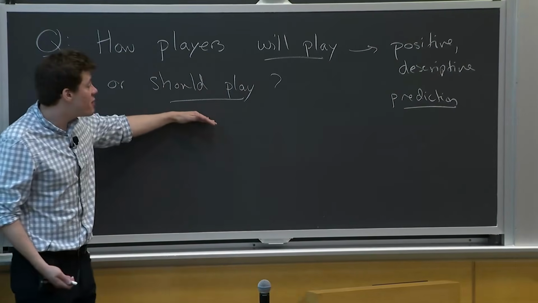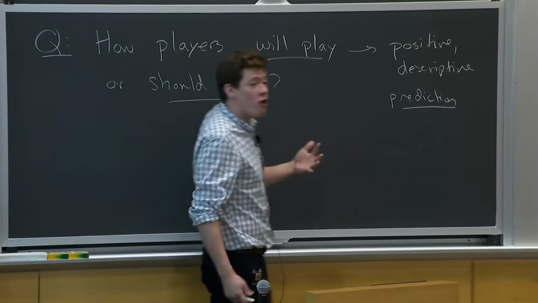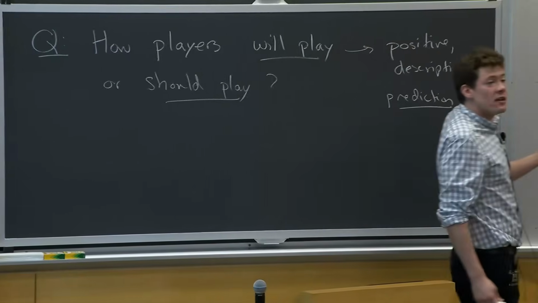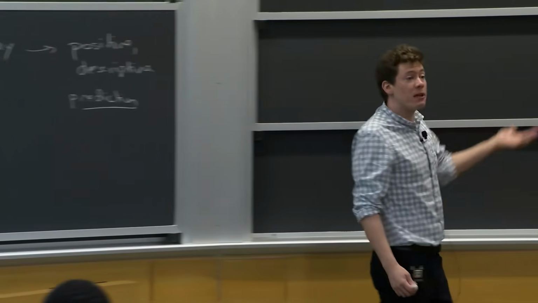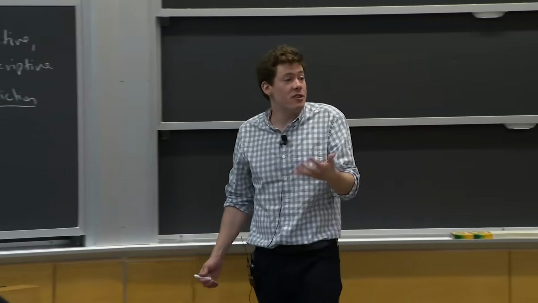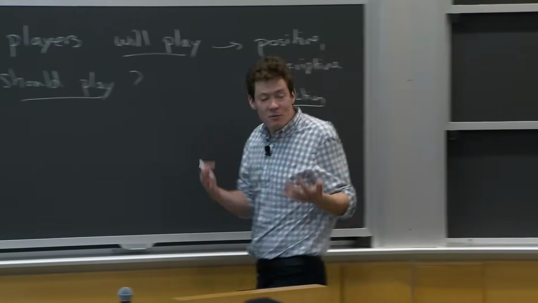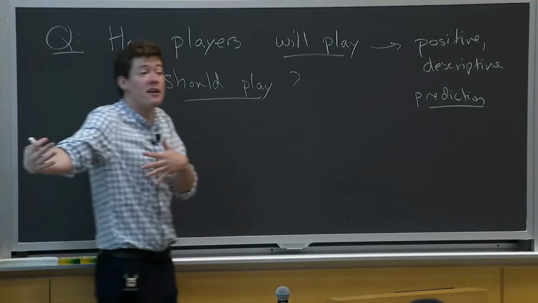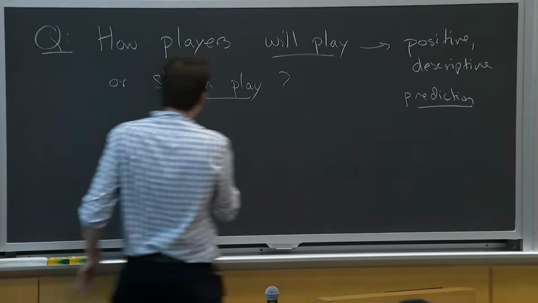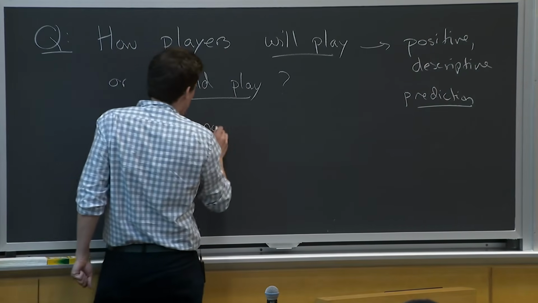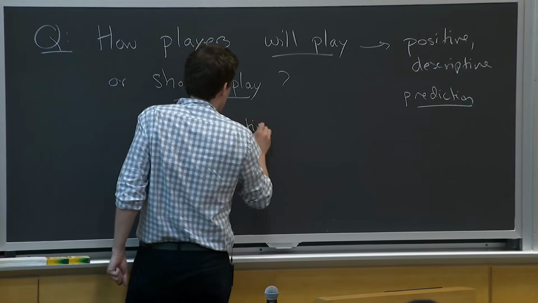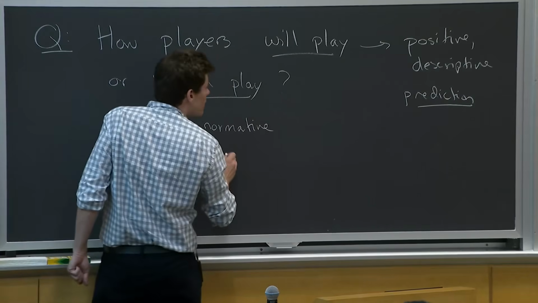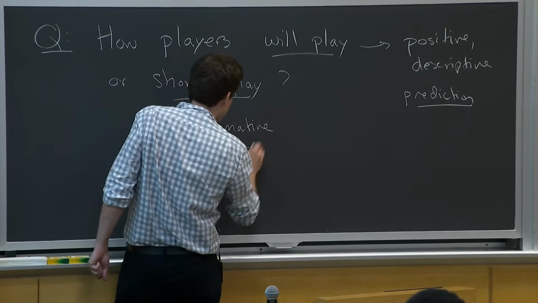Another interpretation of game theory is to put yourself in the role of an advisor. Someone comes to you and says, how should I play in this game? What is your recommendation for how I should play? And companies do sometimes hire game theorists to consult and make recommendations for maybe how they should bid in an auction. That would be one example. So here, this is sometimes called normative or prescriptive analysis.